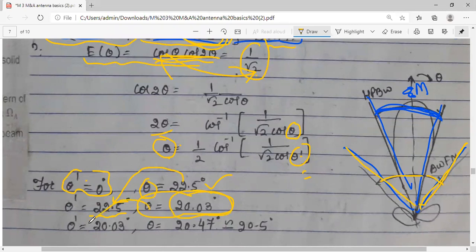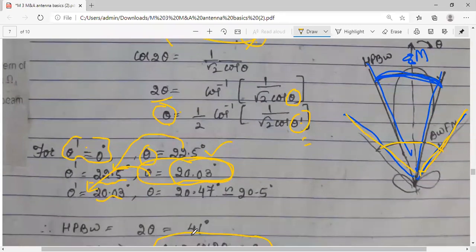Next time, take this as theta dash. Now tell me what the next value is. If I take theta dash as 20.03, what will you get? 20.59. Okay, I have got 20.47. You just check this value.